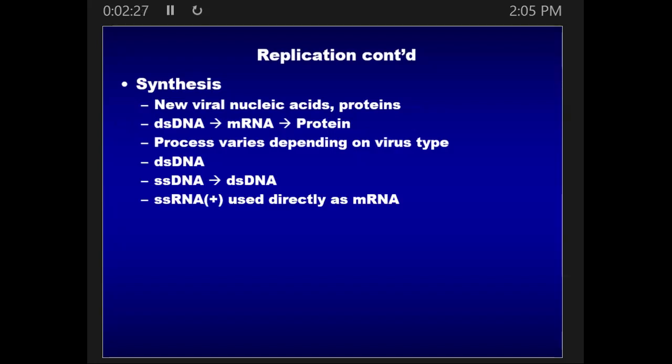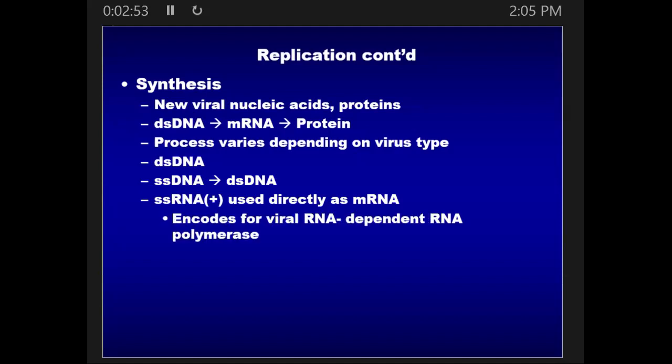Then single-stranded RNA viruses that are in the plus configuration. So there's positive strand RNA viruses. And if it's in the positive sense, then that means it can be directly used to make proteins off of it. They can use it as messenger RNA, do the translation step, make protein.